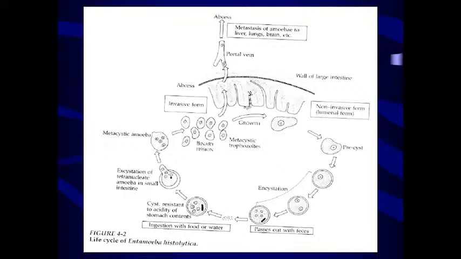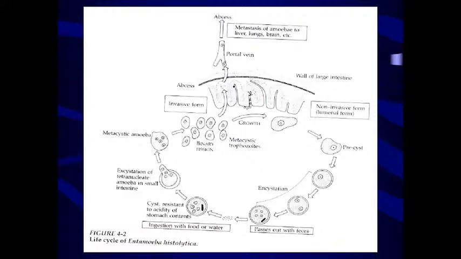We have excystation of tetranucleate amoeba in the small intestine. We have metacystic amoeba, and then the binary fission and the invasive form within the colon. From there is when you develop the disease, which is the colitis, as we have seen in the pathology.